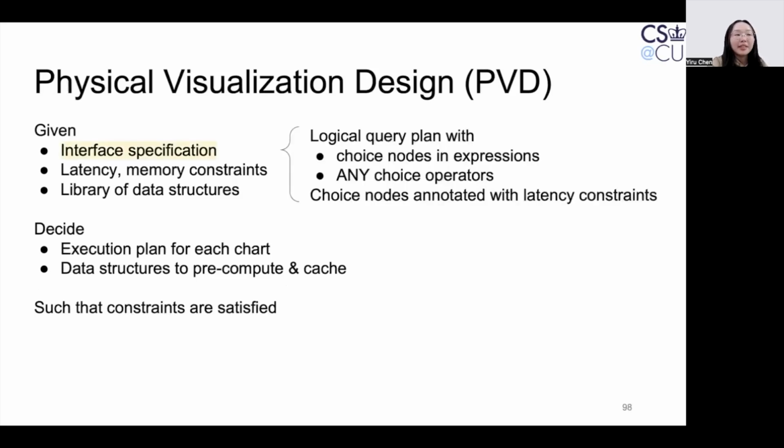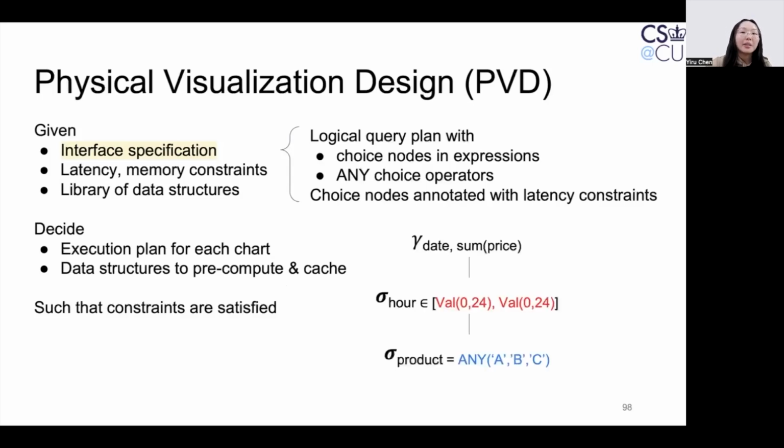The interface specification can be represented as a logical query plan with choice nodes in expressions, or any choice operator which can choose from different operators. The choice nodes correspond to interactions and are annotated with latency constraints.